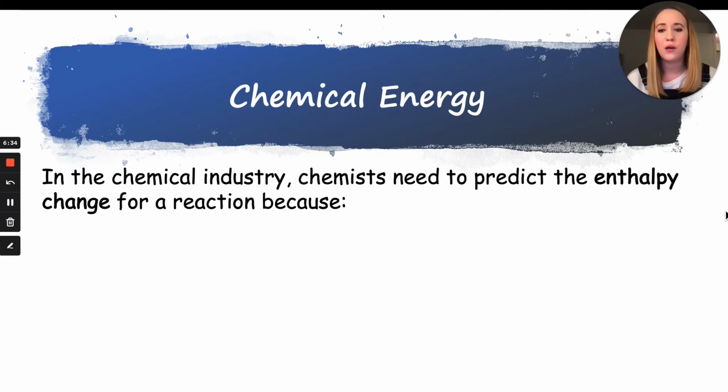So if you think about an endothermic reaction, that reaction is going to need energy to be supplied to it. If it is having to absorb energy, then we're going to need to supply that energy from somewhere.